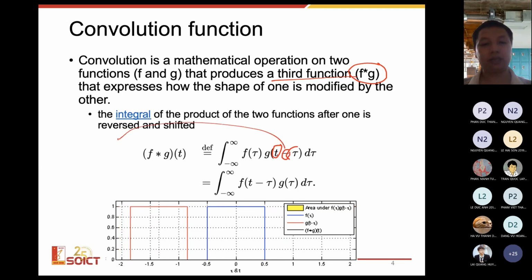Again, it is the same as shifting and reversing the f function.